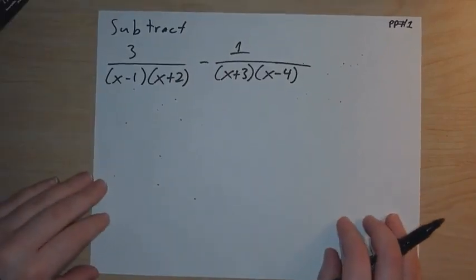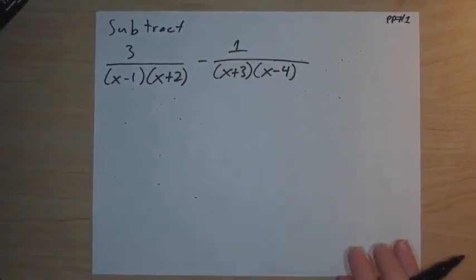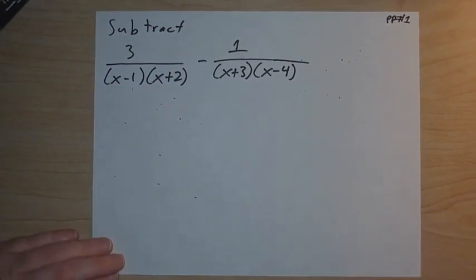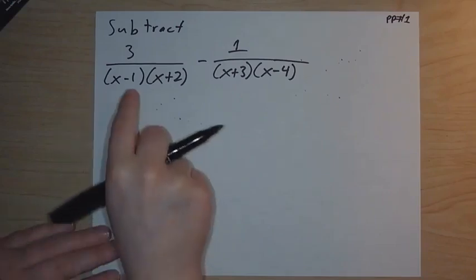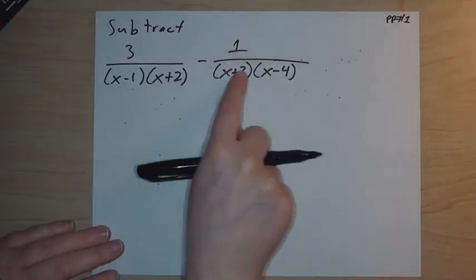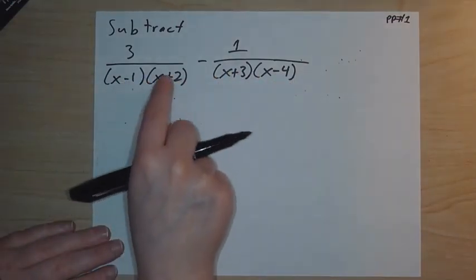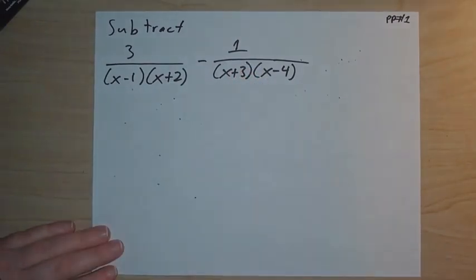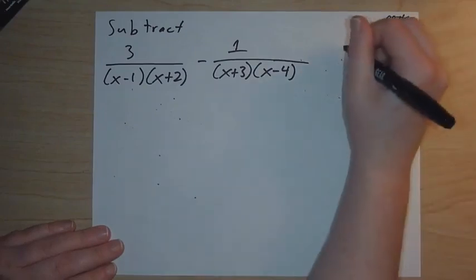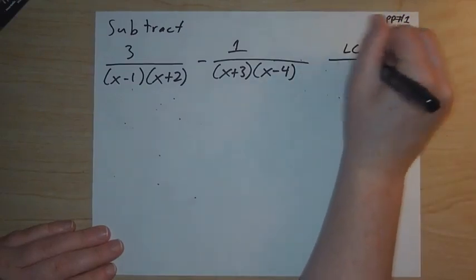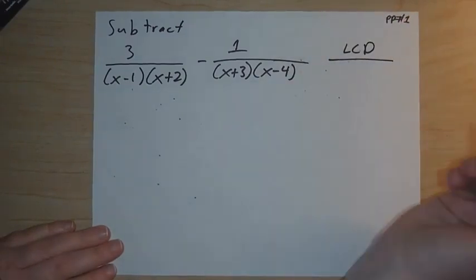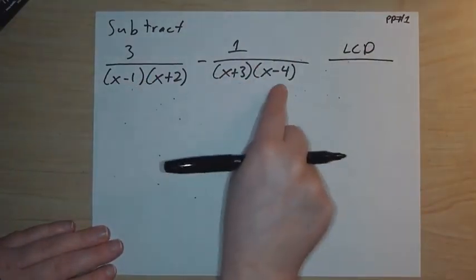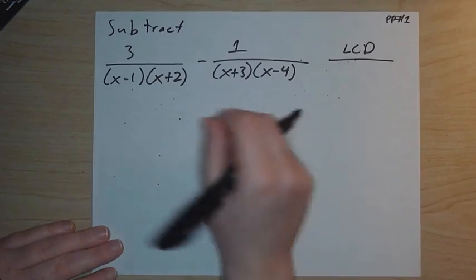So next we want to subtract. Subtraction is the same as addition. We need to have the same denominators. We'll notice that we have essentially all these different types of factors. We have x minus 1 times x plus 2. We have x plus 3 times x minus 4. So the LCD, because all of them are unique, none of them are the same, is just going to be all of these 4 factors multiplied together.